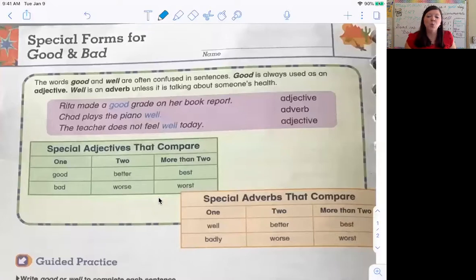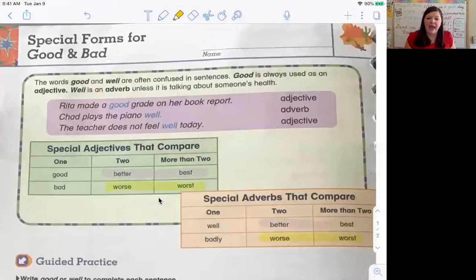Bad, worse, worst. Say that again. Bad, worse, worst. Notice how these are going to match those as well as those will match. That's why on the board I just kind of merged them together into one, okay?